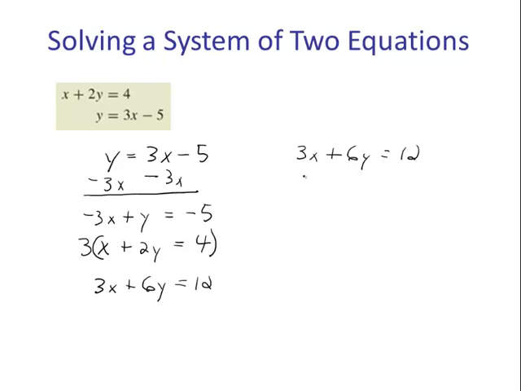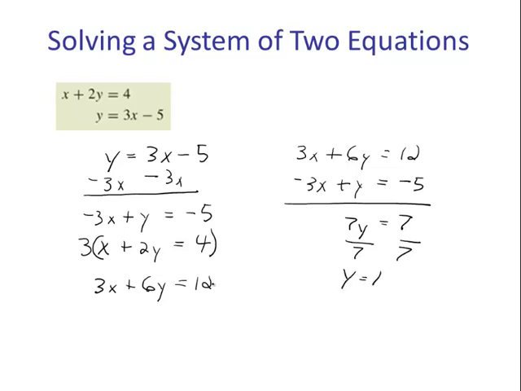And the first equation, which is negative 3x plus y equals negative 5, we add these two equations up. The x terms cancel. 6y plus 1y is 7y equals 12 plus a negative 5 is a positive 7. Dividing by 7, we see that y is equal to 1.